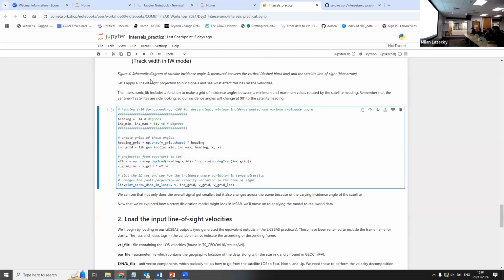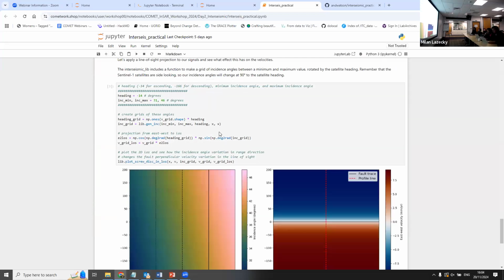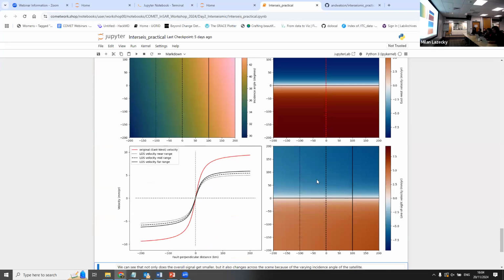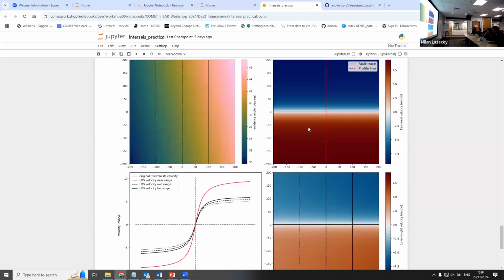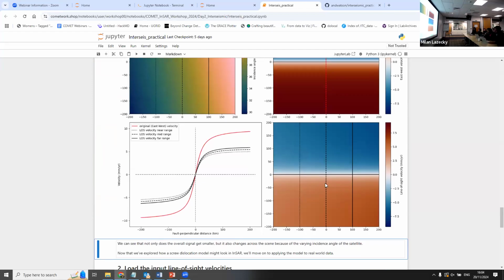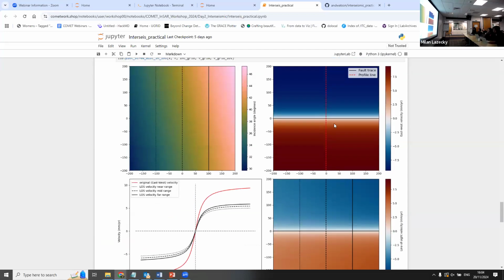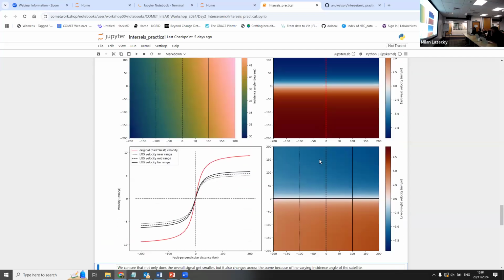We can run this cell to see how the fault parallel velocity looks in the line of sight direction. You can see that the top figure is the fault parallel velocities, while the bottom is the line of sight velocities from the satellite. You can see it is a little bit different.